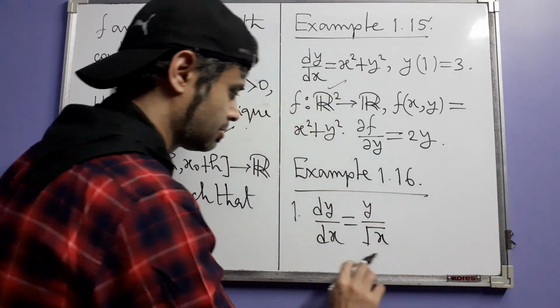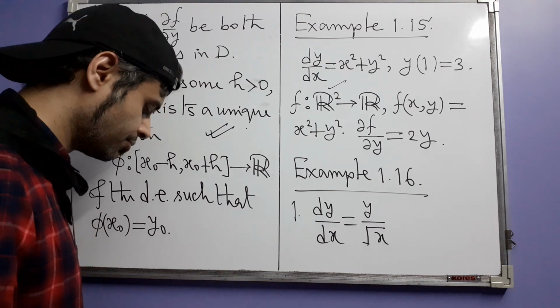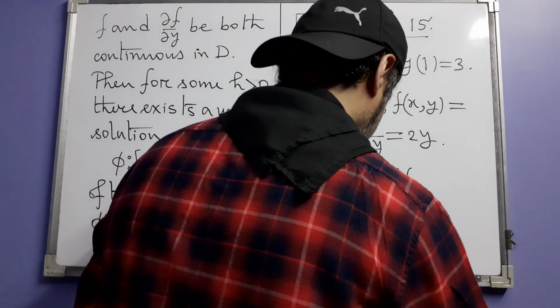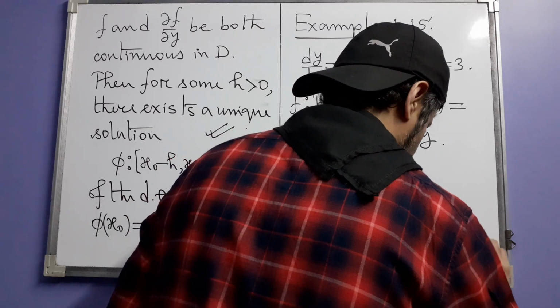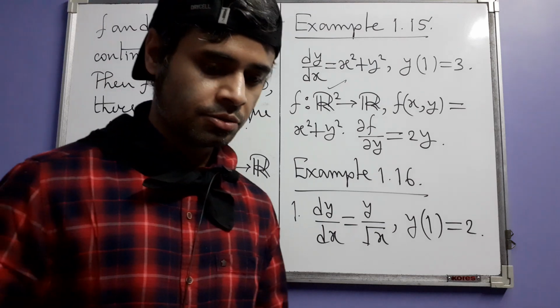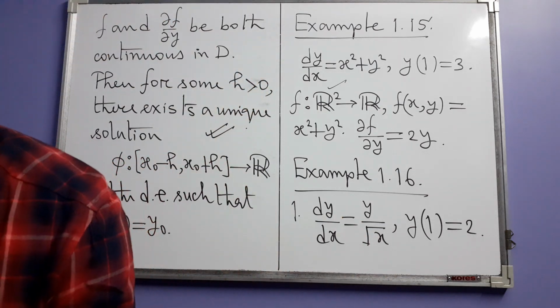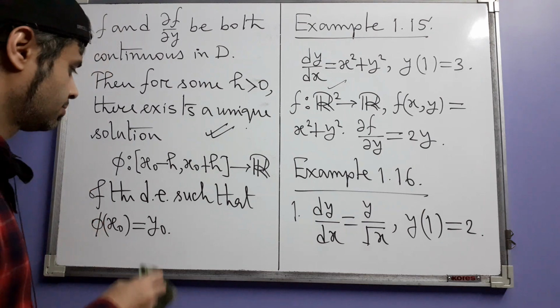Yeah, now this looks a little problematic. Y divided by square root of x. And the initial or supplementary condition is that. What about this one? Let us first draw a diagram. Okay.